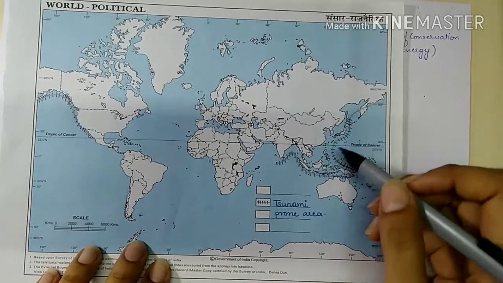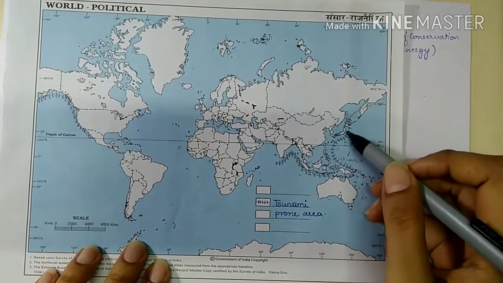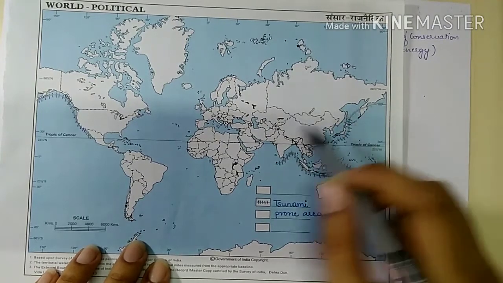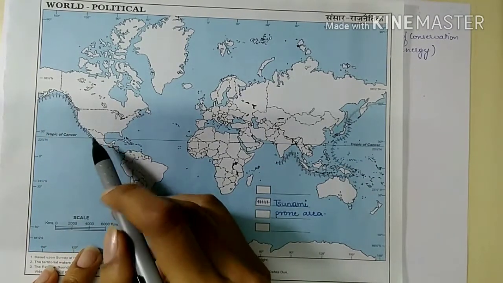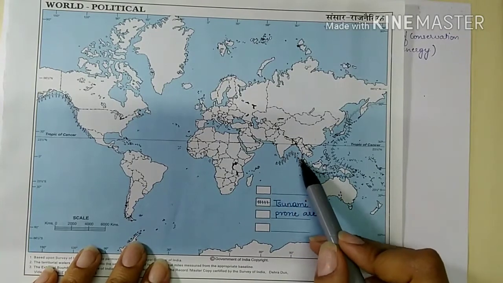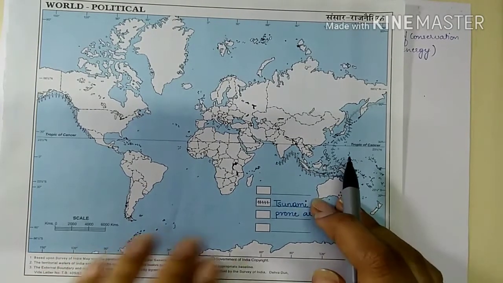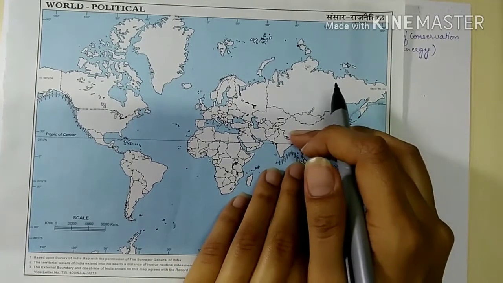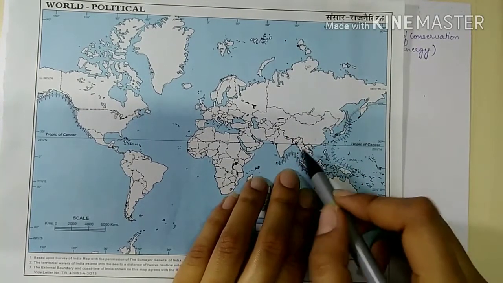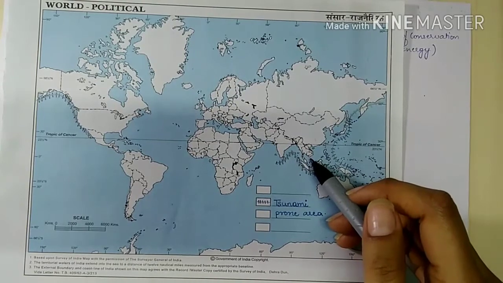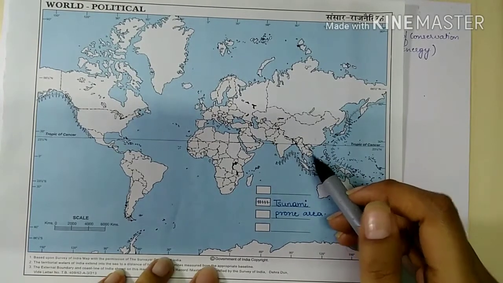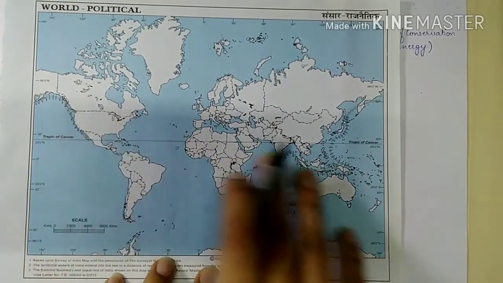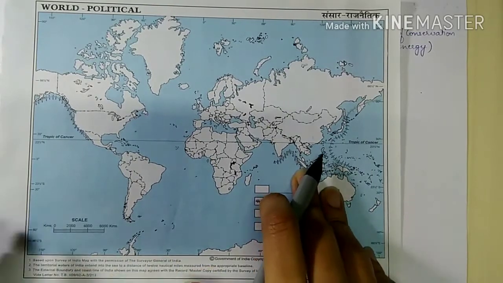This is the area of the Pacific Ring of Fire, and this is where the Indo-Australian Plate converges with the Eurasian Plate. Because of this movement, tsunamis are generated due to earthquakes. So these are the major areas where tsunamis occur.